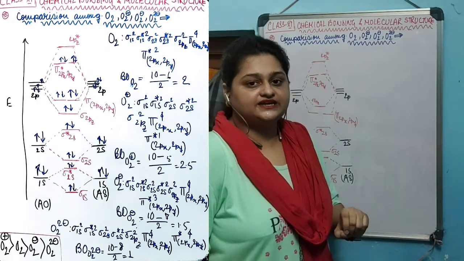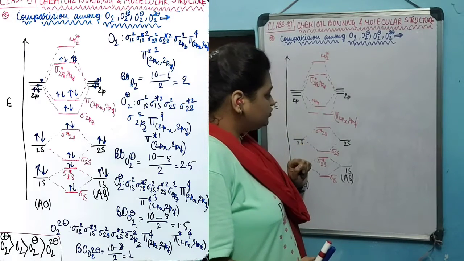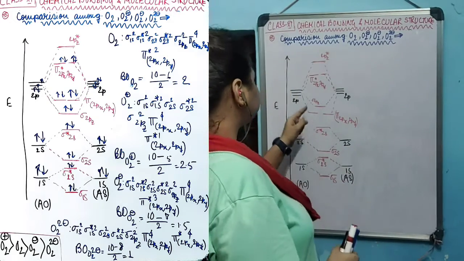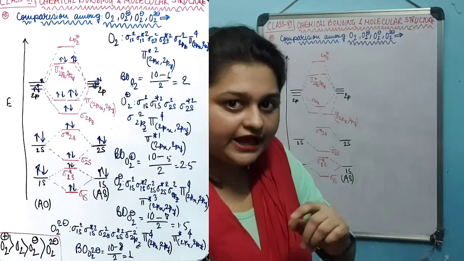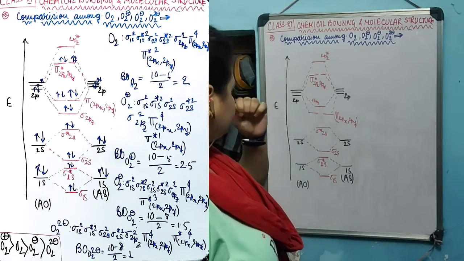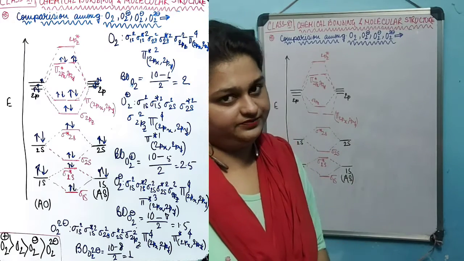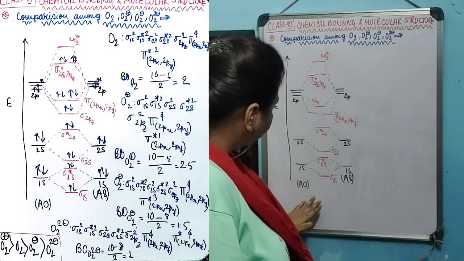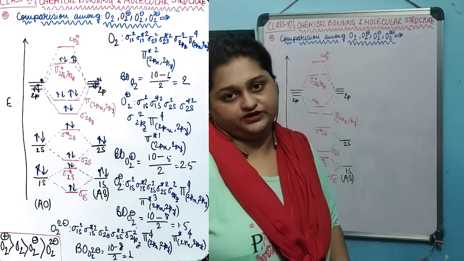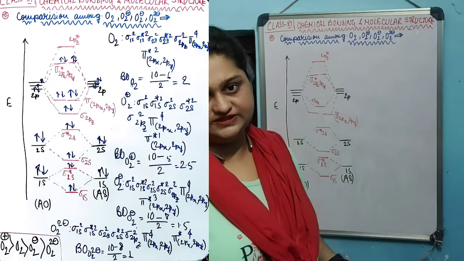But in the last examples that we had taken, the sigma star 2s created a repulsion effect on the sigma 2pz. Due to that effect, sigma 2pz increased in energy over the pi 2px, 2py orbitals. That's why we constructed that MO diagram in this manner in our last example. But in this example, we have taken oxygen species.